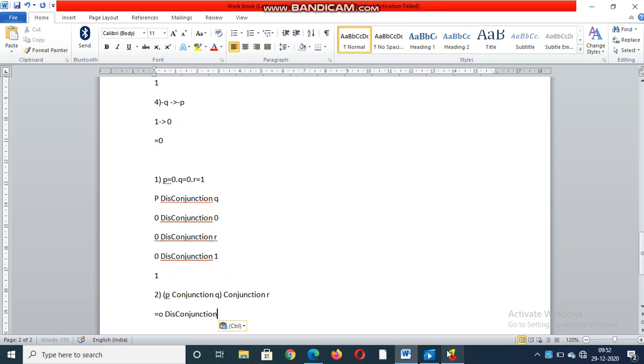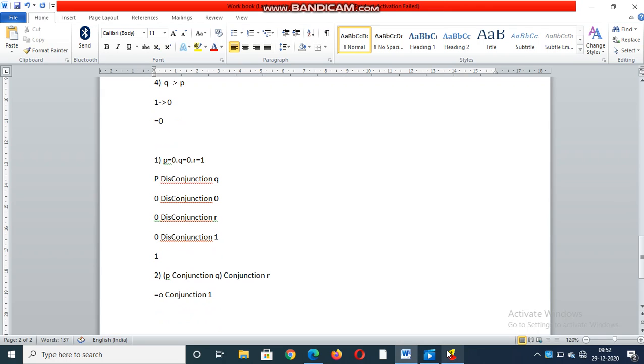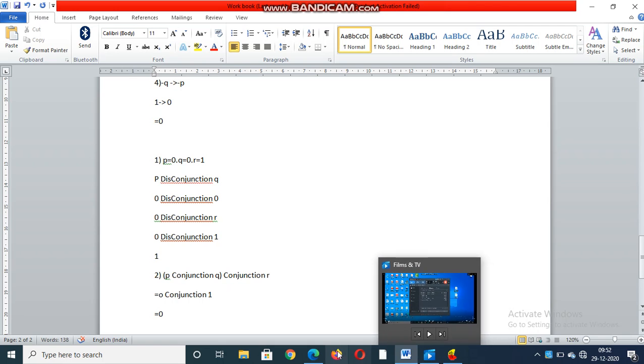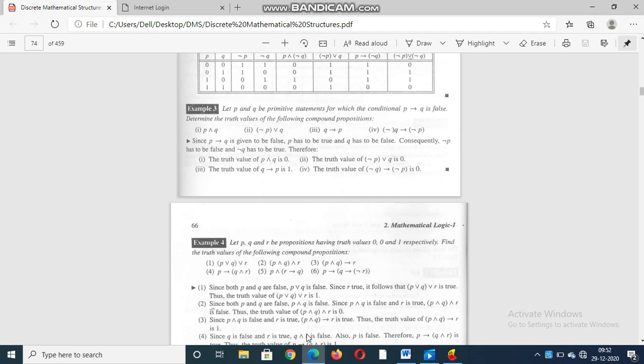Once again, 0 conjunction 1. What is the value of 0 conjunction 1? That is also 0. So your output is 0. You observe here, since both P and Q are false, P conjunction Q is false. Since P conjunction Q is false and R is true, definitely your statement is false only.